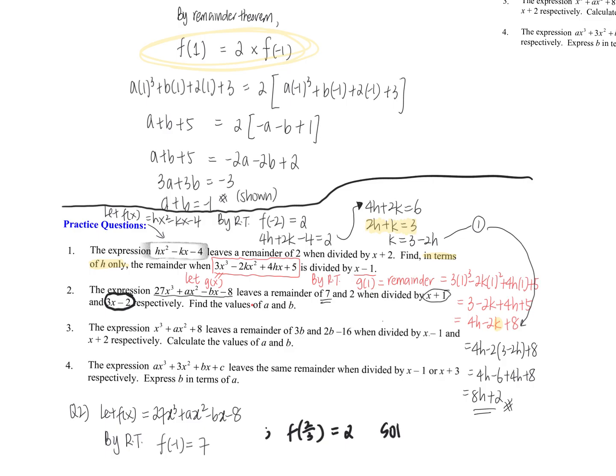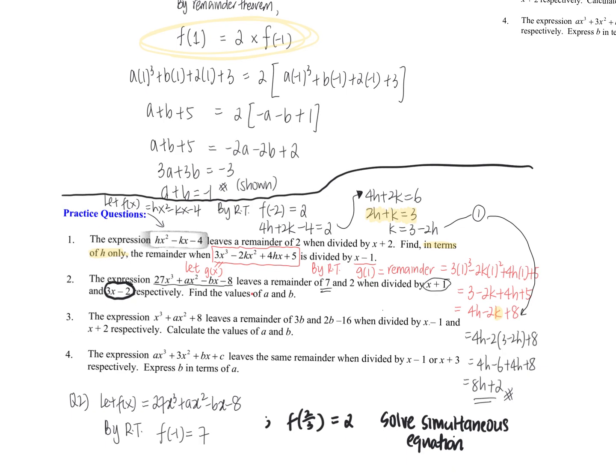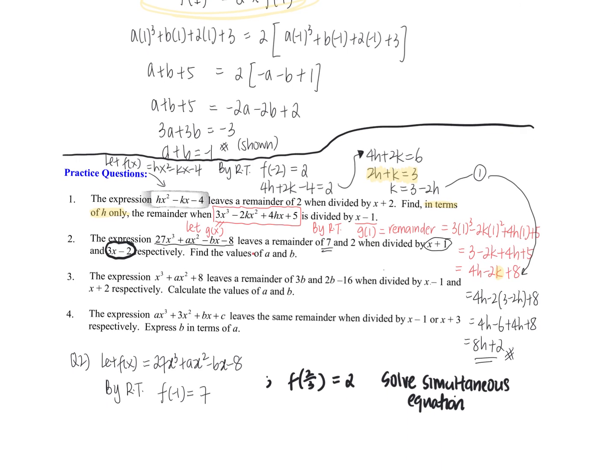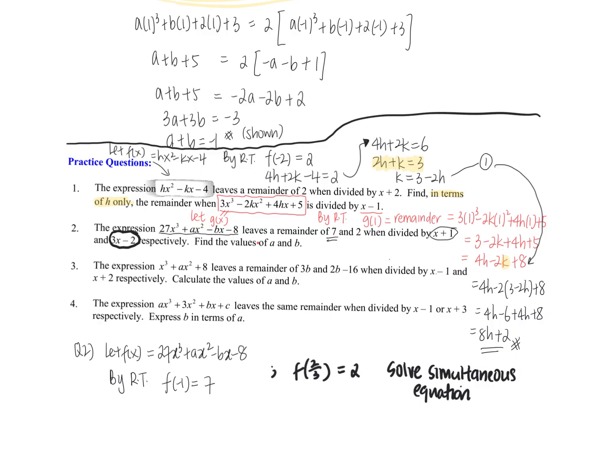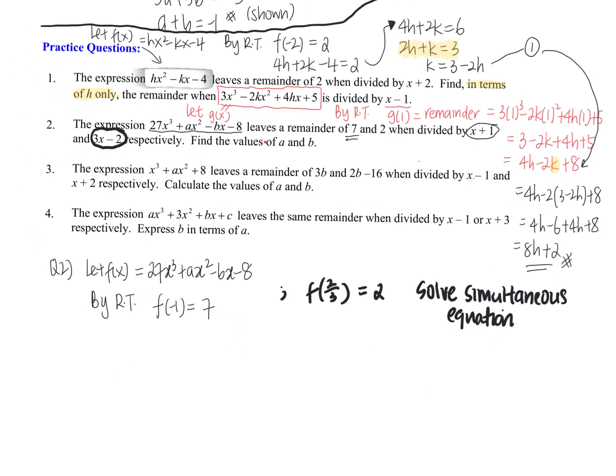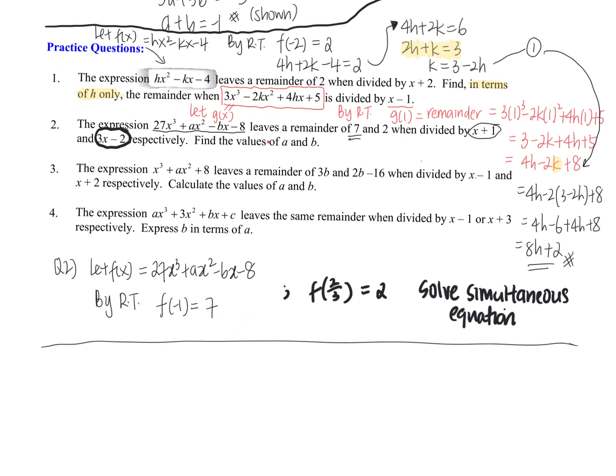You just solve the simultaneous equations. I will work out all the solutions for this question and upload on Google Classroom. You can slowly check. Okay, so that's question 2.